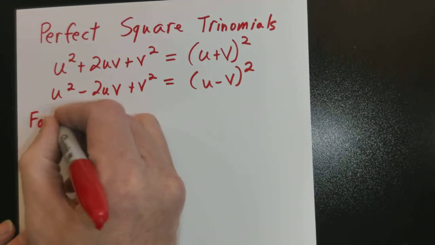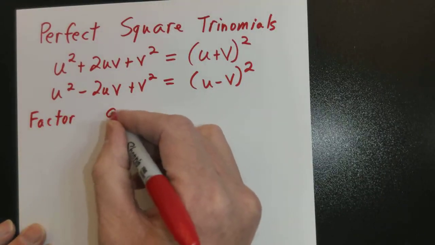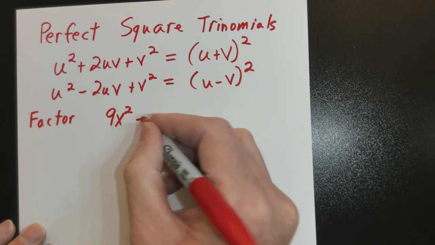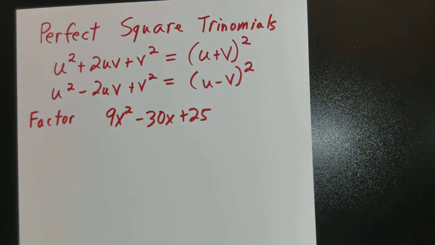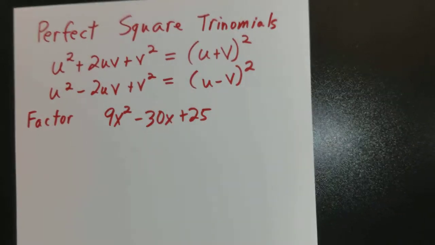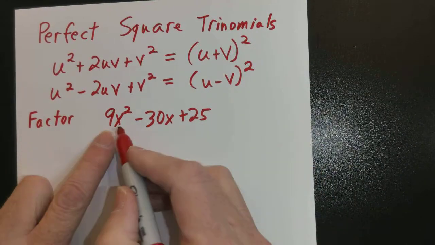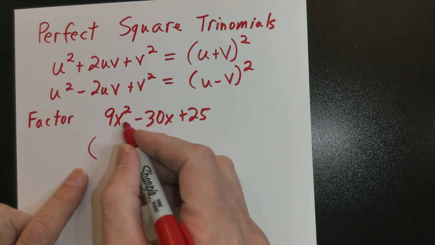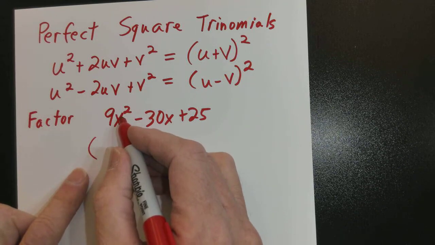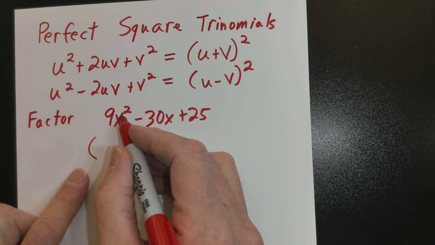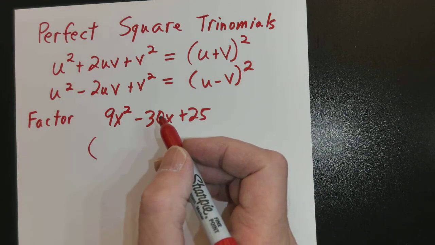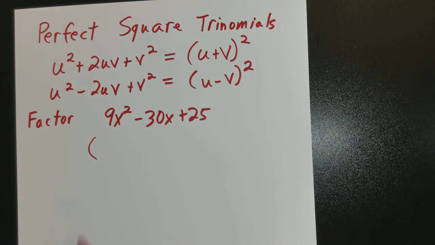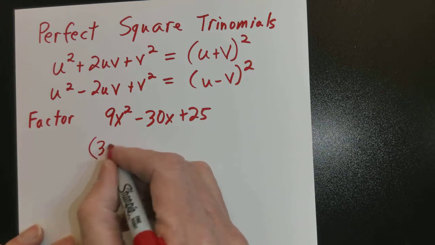All right. So let's factor 9x squared minus 30x plus 25. First thing I want to look at, what's the square root of 9x squared? 3x.